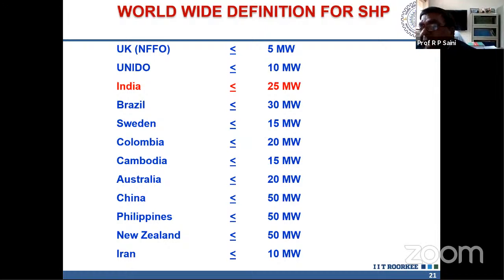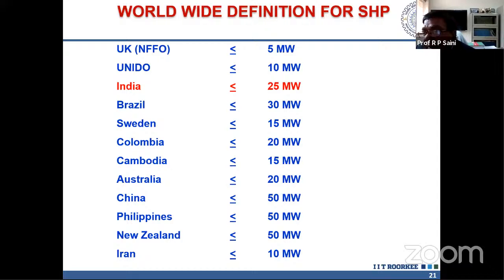I think initially small hydro in India started with very small capacity plants. I'm going to define it after this slide, but anyway, I'll try to answer this. All the small hydro concept was based on the flowing stream potential, with no construction of a reservoir, and all the large hydro was reservoir based.